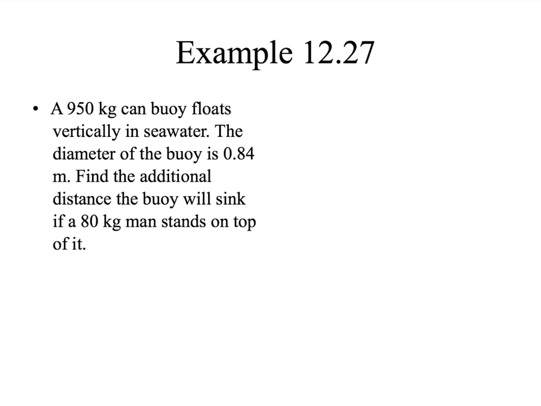Let's think about that. So now I have the buoy, and now I have this guy standing on it. And so I have the mass of the buoy times gravity, but I also have the mass of the man times gravity, and then I have the buoyant force.